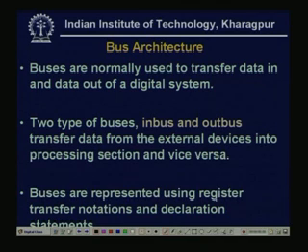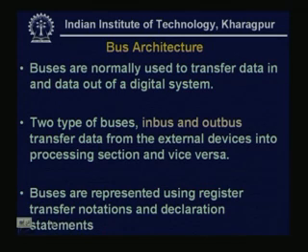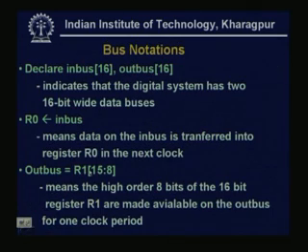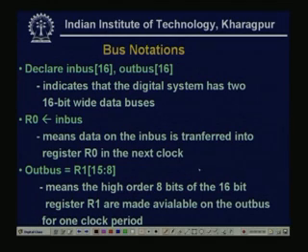Buses are represented using register transfer notations and declaration statements. So, again, how we represent the bus. This is bus notation. We have two types of bus, in bus and out bus. Declare in bus 16, out bus 16.